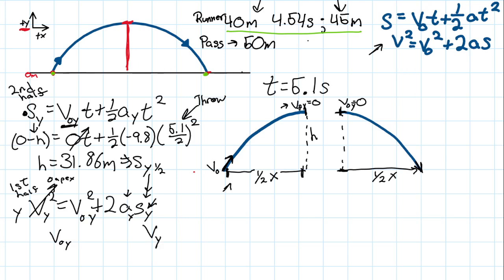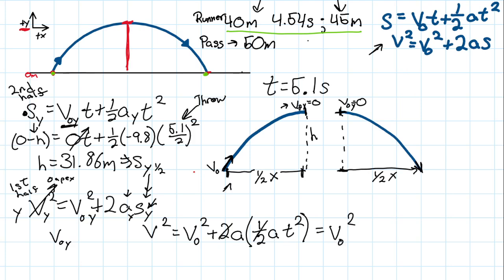Well, we get V squared equals V naught squared plus 2A times V0t, well, the V0t was 0, so we'll drop that, plus 1/2 AT squared. See what's happening? These 2's cancel. A times A times t squared. That's going to be V0 squared plus A squared t squared.